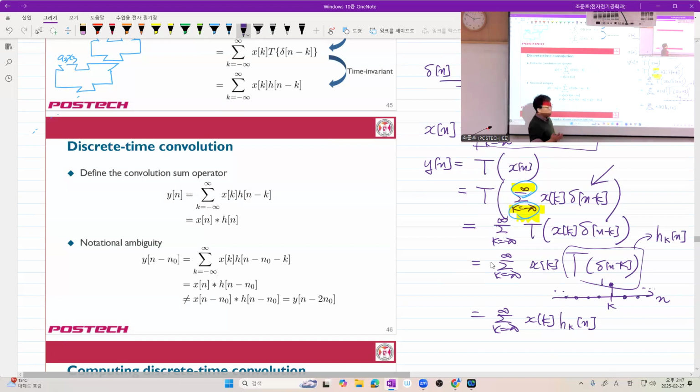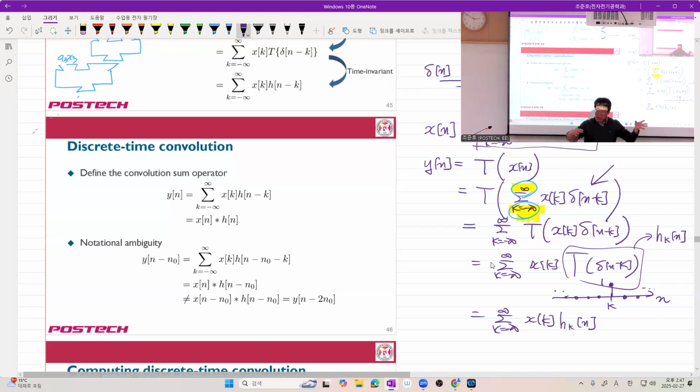Now, let's apply time invariance. According to time invariance, what are the relations of these impulse responses? So the response of the system to the impulse applied at time 0, you have some signal. The response of the system to the impulse applied at n equals 1, you have some response. What is the name? h sub 1 of n, right?